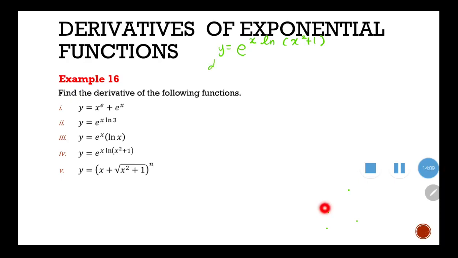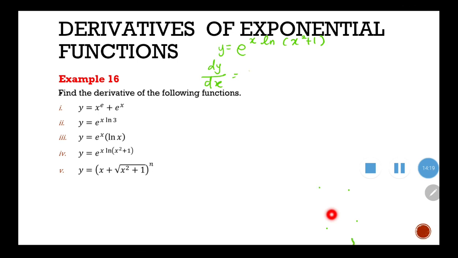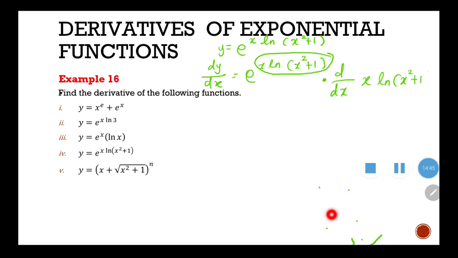As with the other technique to solve exponential functions, the derivative of e to the power of x is e to the power of x, and whatever function is attached with it, so e to the power of x ln(x square plus 1), multiplied with the d/dx of whatever function is at the top here, which in this case is x ln(x square plus 1).